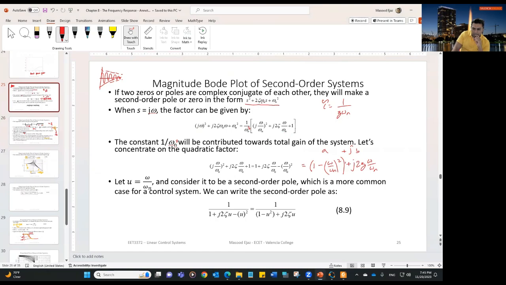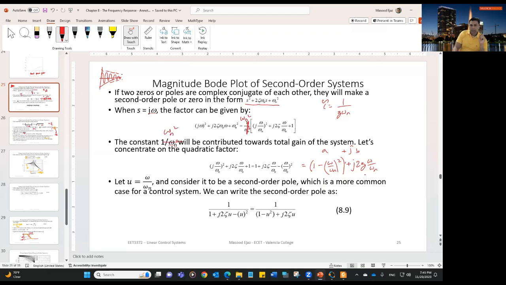So, you know what? I may have made a mistake over here. Let's see. Oh, I made a mistake over here. It's not 1 over omega n squared. It's omega n squared that we are taking out. Omega n squared, not 1 over omega n squared.